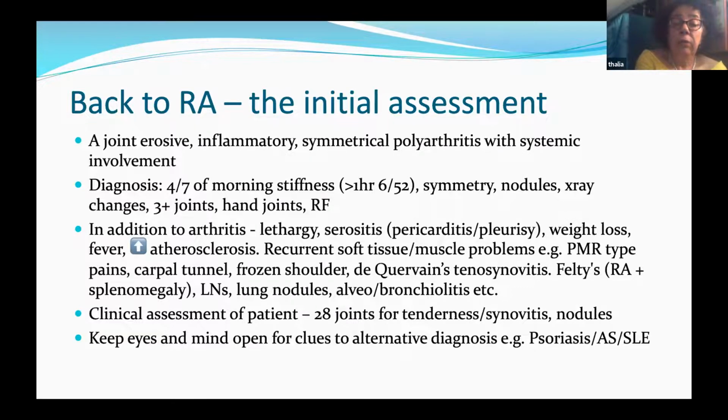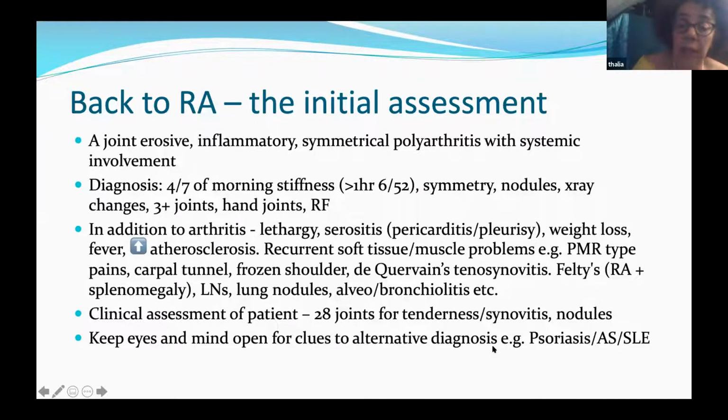In addition, we look for other symptoms like lethargy, serositis, such as pericarditis and pleurisy, weight loss, fever, atherosclerosis. They may have lung nodules, or people with rheumatoid can present as polymyalgia rheumatica.